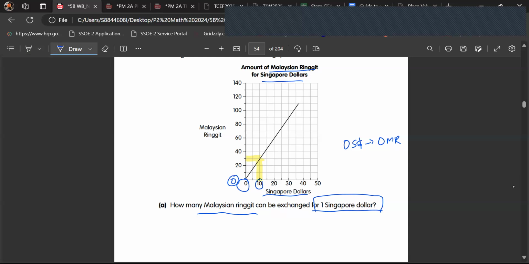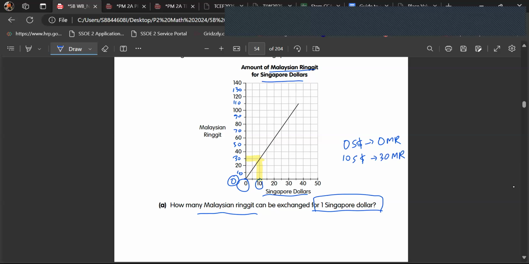Are you able to read the graph? What's the middle measurement from 0 to 20? 10. Okay, right? So I can see here 10 Singapore dollar equals to 30 Malaysia ringgit.